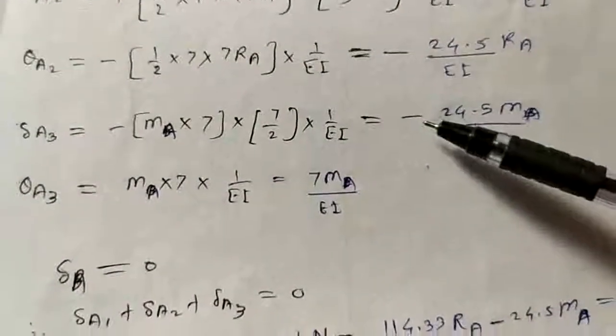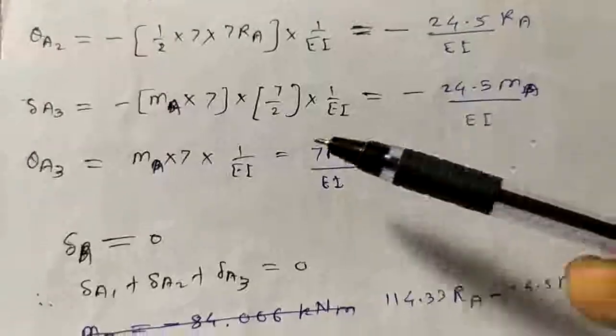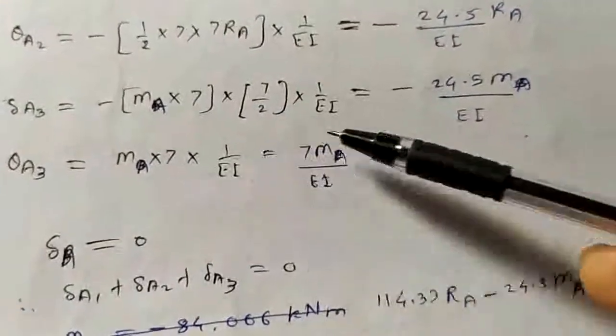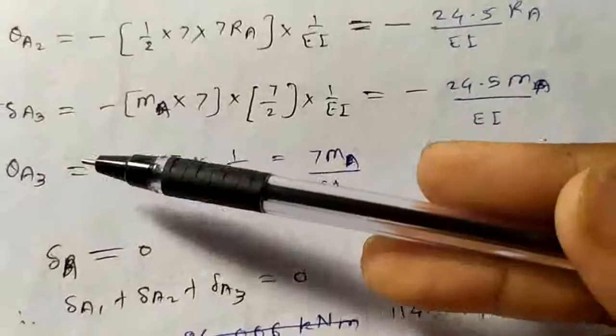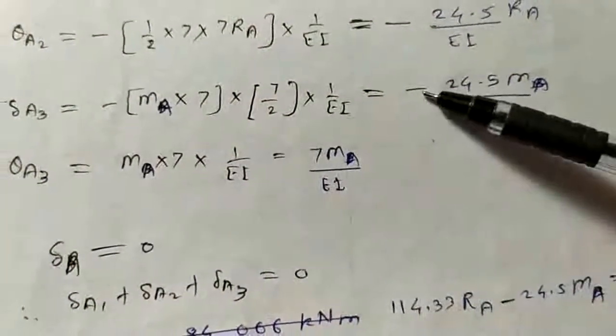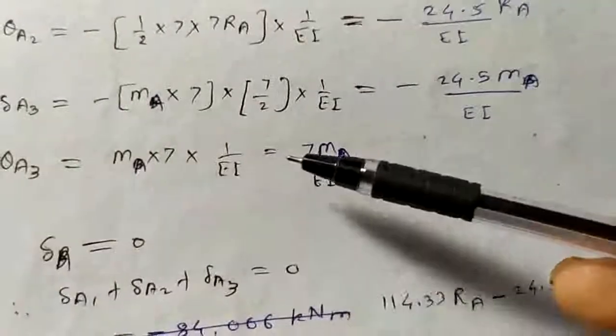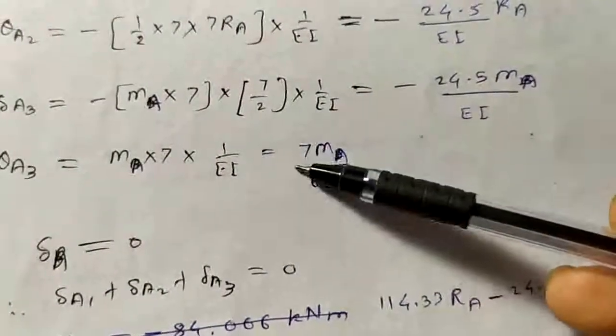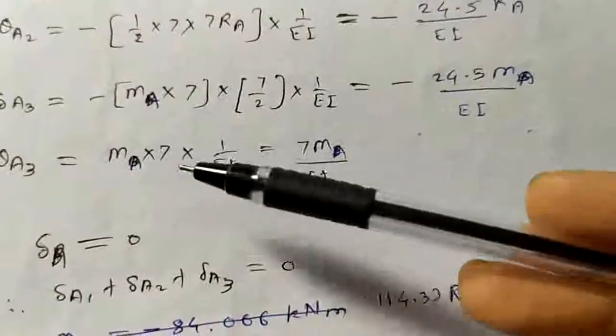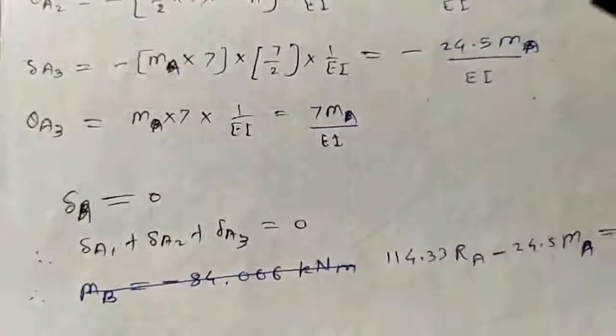The opposite of it will be positive. Just write theta opposite of delta. Delta we are getting negative, that's why write theta as positive. Just write only two brackets, area and EI variation. We are getting all these values of delta.